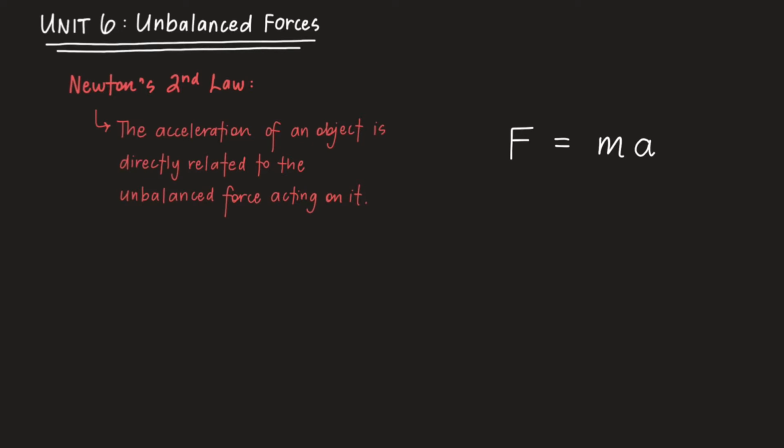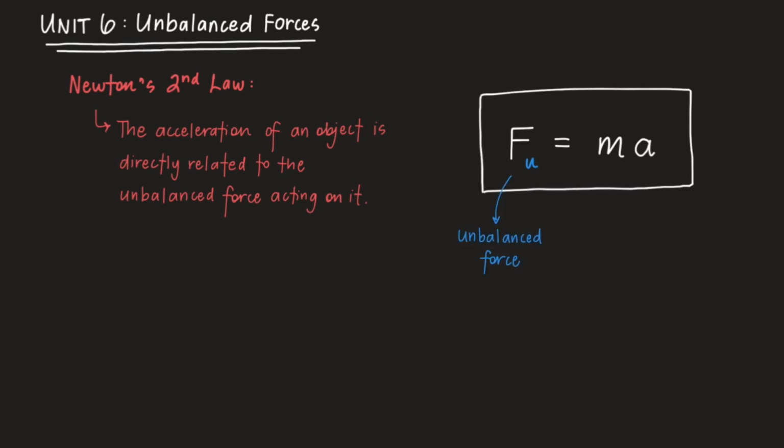So how do we designate this as the unbalanced force in the equation? Well, we're going to put a U next to our F. So our unbalanced force is going to be Fu. So Newton's second law is Fu is equal to ma, which is a little bit silly, but it helps us remember that that F is the unbalanced force. And of course we know that our m is mass and our a is acceleration.